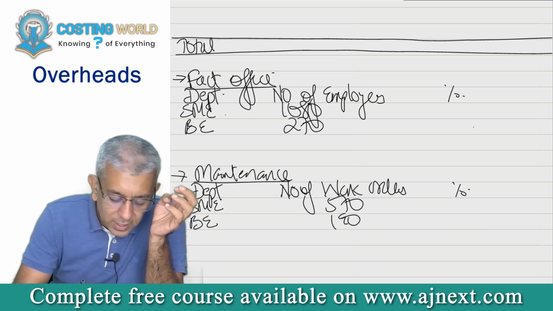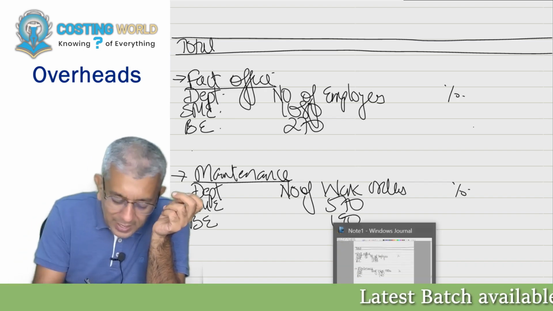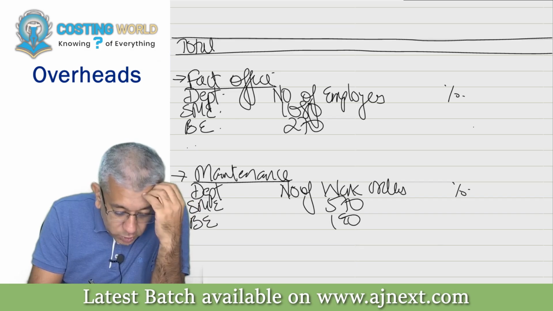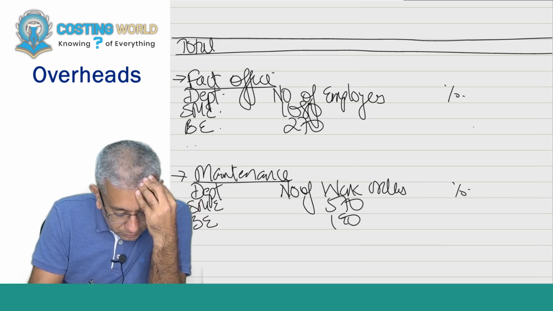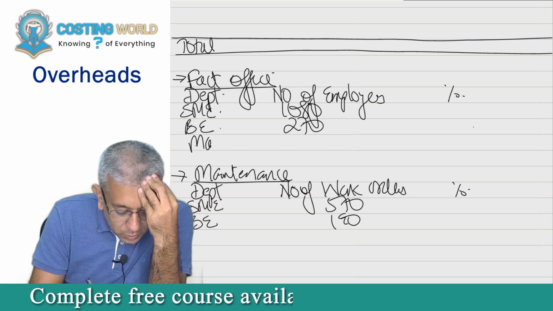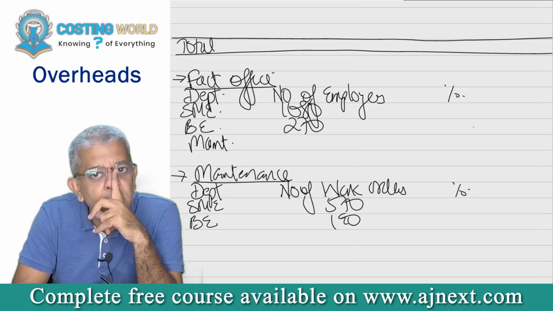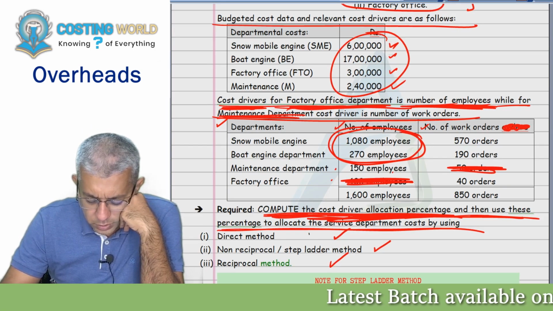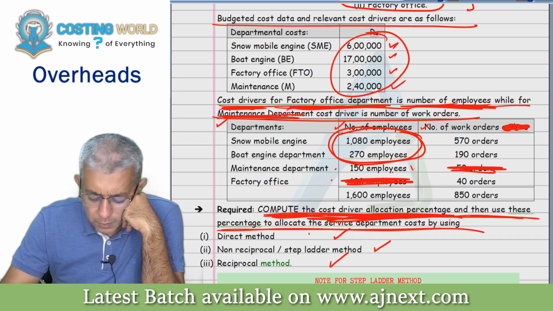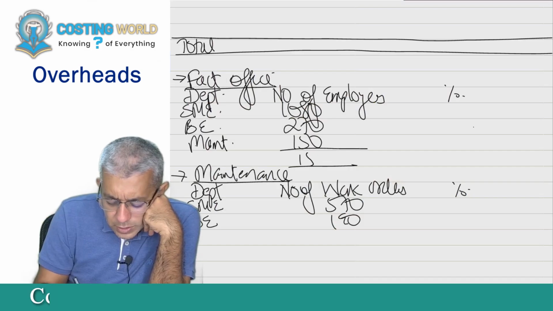I will require number of employees of SME, boat engine, and can you tell me the last department name that I should write down over here? Maintenance, because some part of factory office can also be going towards maintenance, no? So therefore, number of employees, maintenance is 150.